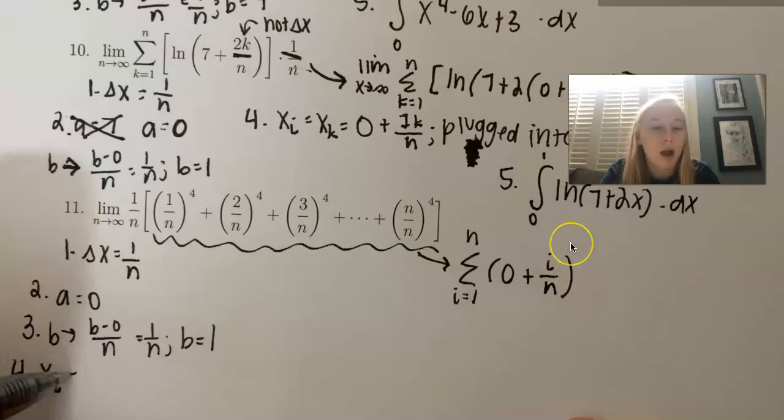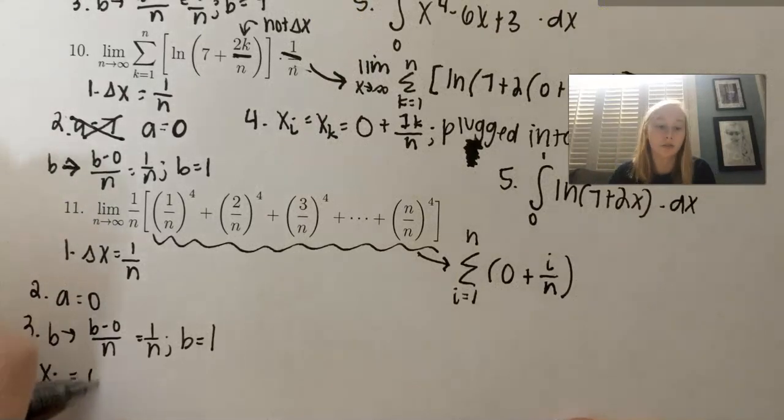I forgot there's actually a 4 right here, because everything's to the 4th. So I'll write it in right now. There's a 4 right there, because the equation that this xi is plugged into is actually x to the 4th.